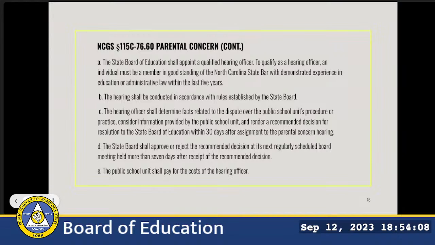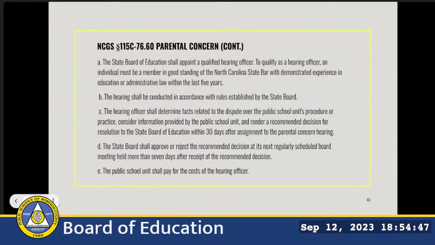The hearing officer has to do fact finding, make a determination related to the dispute with the school system, consider any information provided by the school system, and make a recommended resolution to the State Board within 30 days. The State Board has to either approve or reject that recommendation at its next regularly scheduled board meeting, as long as they've got 7 days before the meeting to get it on the agenda. Then the school system has to pay the costs for the attorney who was the hearing officer.